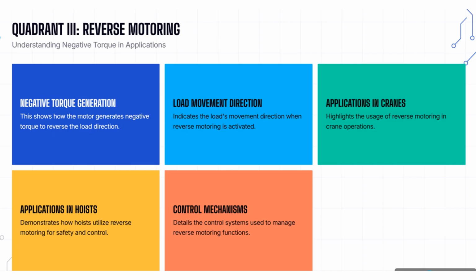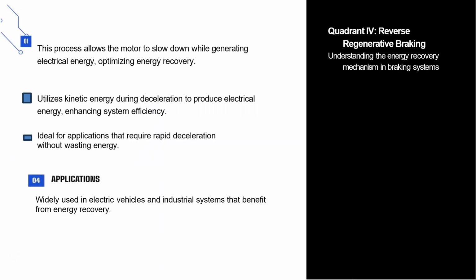The real-world applications are, first, electric vehicles. As mentioned earlier, electric vehicles use four-quadrant operation for acceleration, first quadrant, and regenerative braking, that is second quadrant.